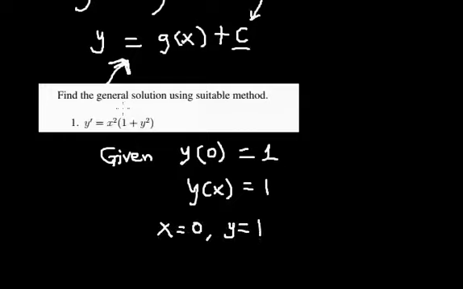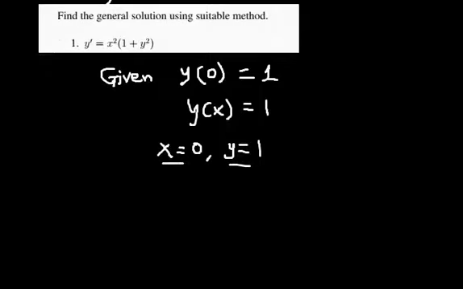So after solving this ODE, I have to substitute the initial value to help me get my constant. All right, so now let's solve this ODE. So I'm having y prime being equal to x squared, open bracket, 1 plus y squared.